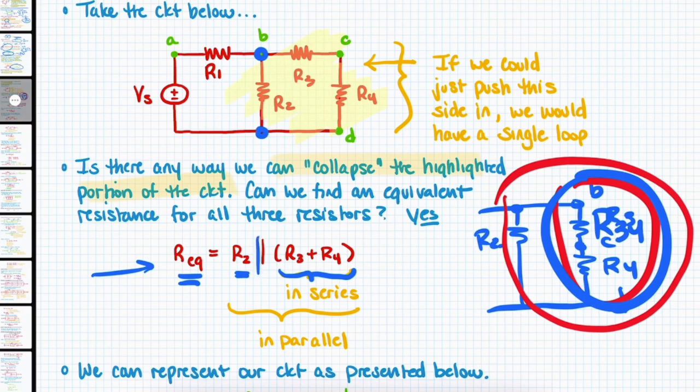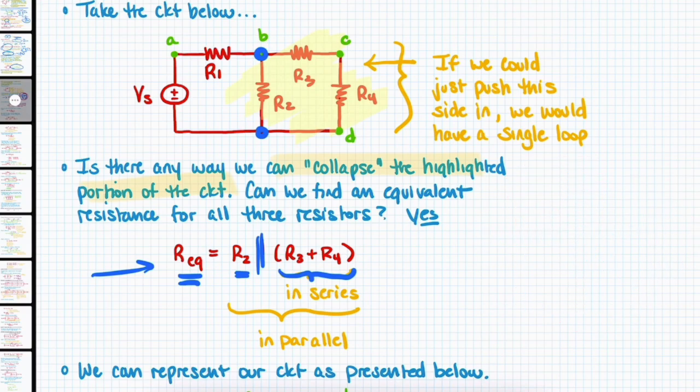I don't think we use this symbol specifically. Those two parallel lines are simply a shortcut for indicating in parallel. So if we wanted to write this out using the mathematical form we learned before, that will be R2 times R equivalent. Actually, I don't want to use R equivalent again.